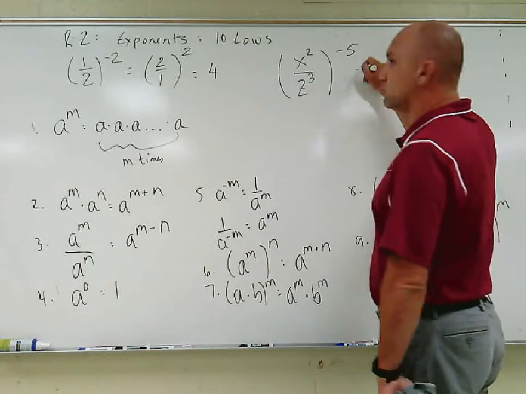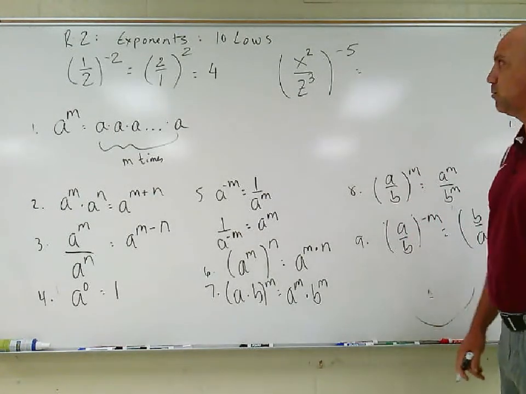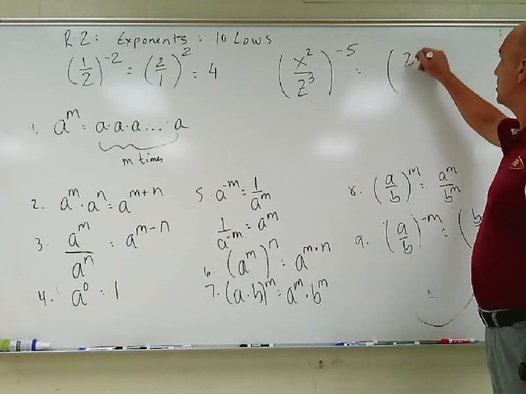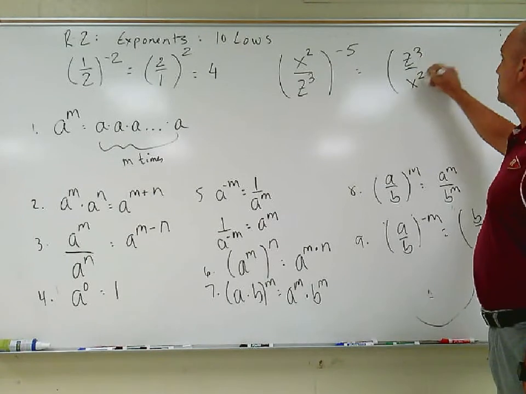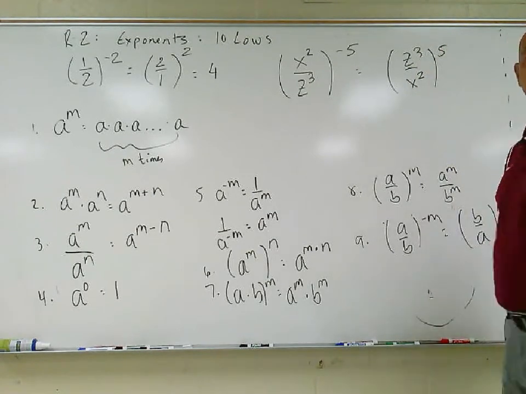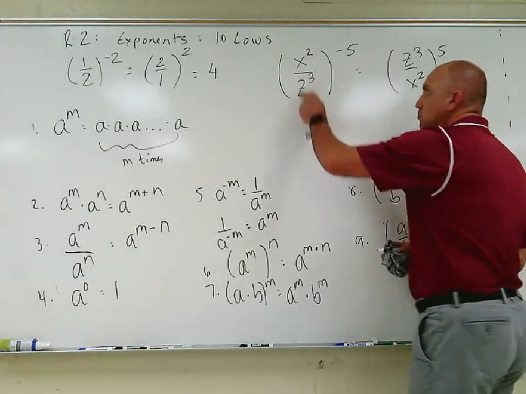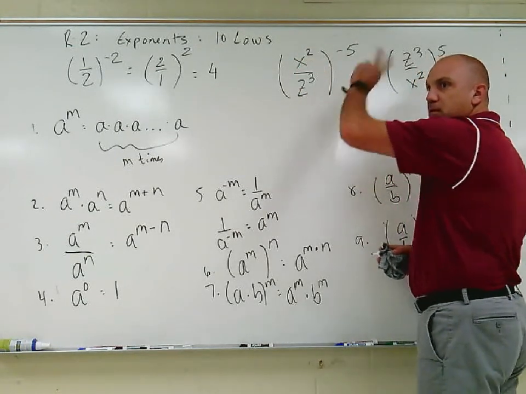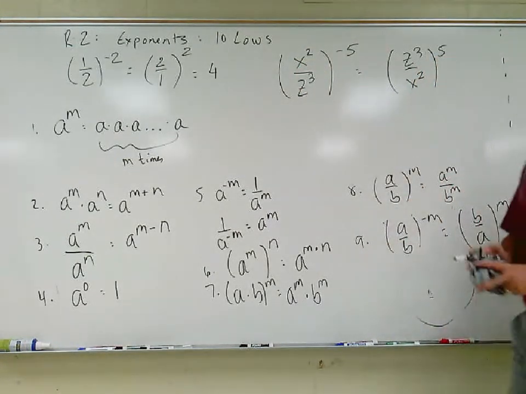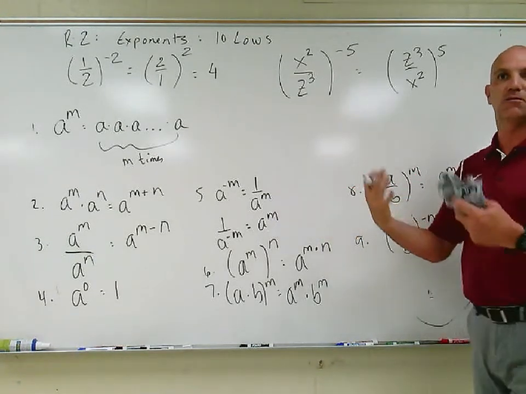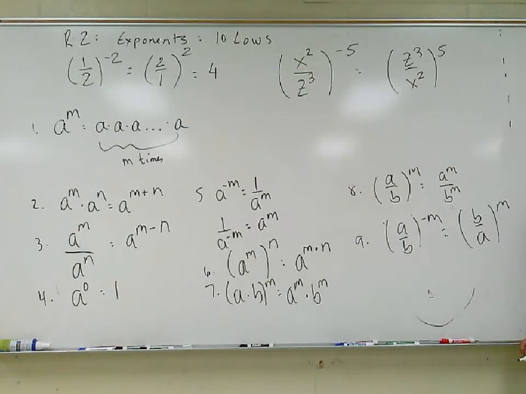So if I use this rule, I can go ahead and do what? Go ahead, Paige. Yes, flip it and change the exponent to a positive. And then you work the problem. Okay? So whatever's down goes up, whatever's up goes down, and make it positive. And it's basically from rule 5. See how you change the location? It's basically putting rule 5 there.